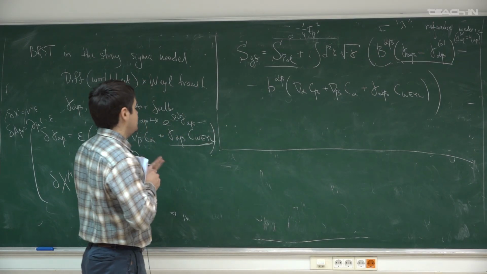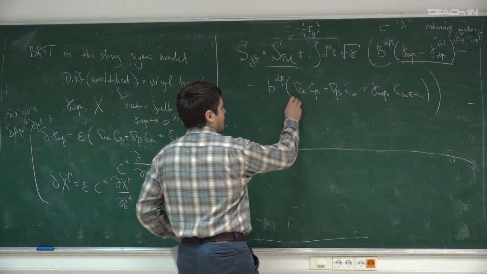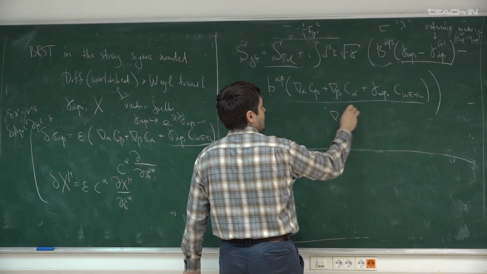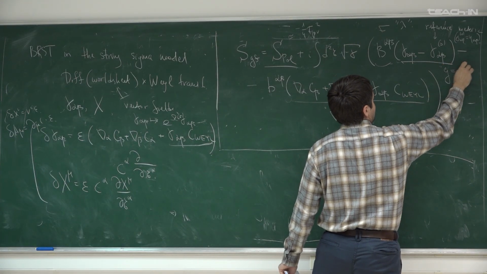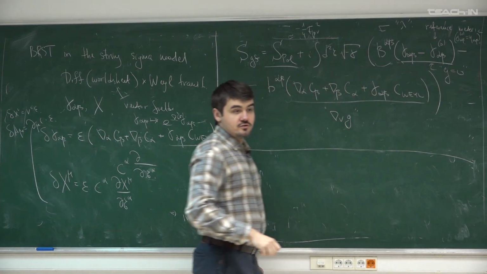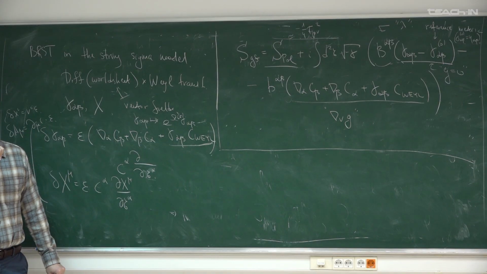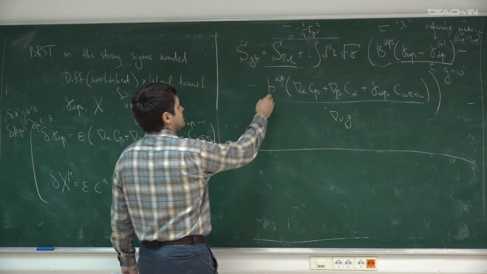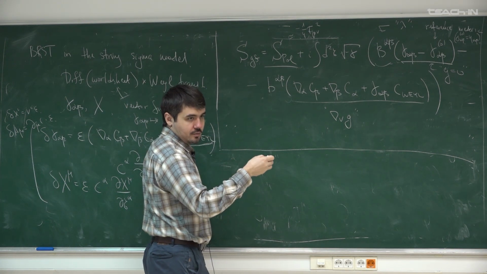Just like before, we need to compute the variation of the gauge fixing condition. So again, in earlier language, this is like nabla V g equals 0. This is nabla V g, the variation of your gauge fixing condition under infinitesimal gauge transformation. And this small b is the anti-ghost, the analog of C bar.